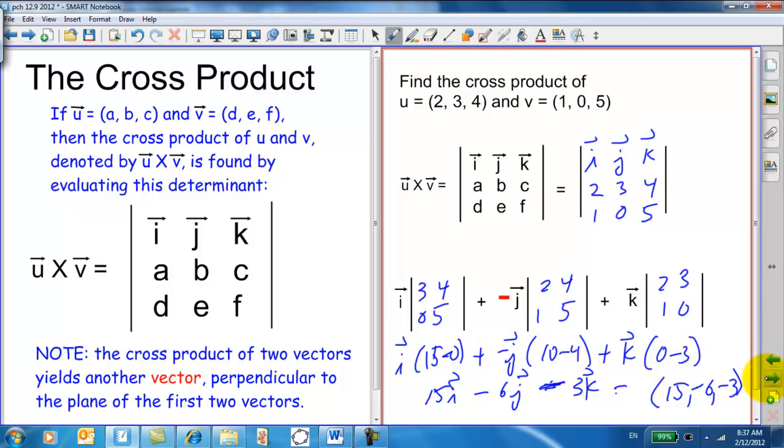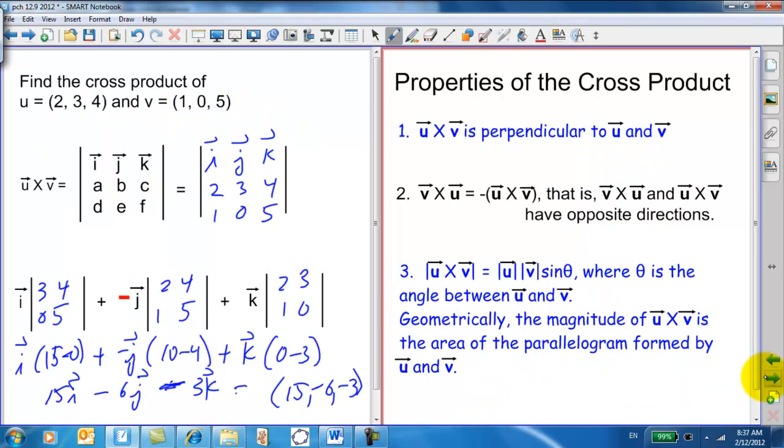Now, we'll use this again in a second, but here's some of the other properties of the cross product. u cross v is perpendicular to u and v. That's the whole point. You're creating a vector perpendicular to the plane of the first two. Also, v cross u is the opposite of u cross v. You end up with vectors in opposite directions.